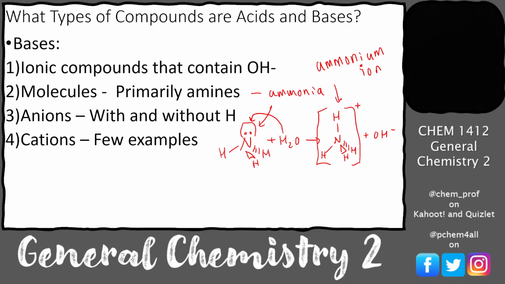To my knowledge, this one and mercury(I) are the only polyatomic cations. Think about that. We have lots of anions, like NO3 minus, nitrate, a polyatomic anion, and acetate, CH3COO minus, also a polyatomic anion.